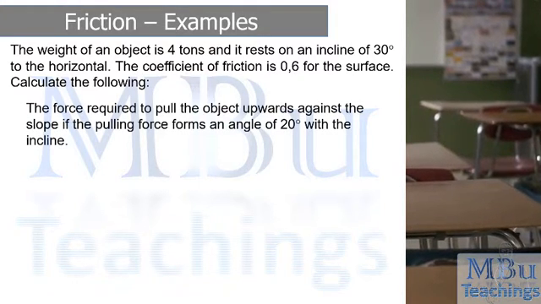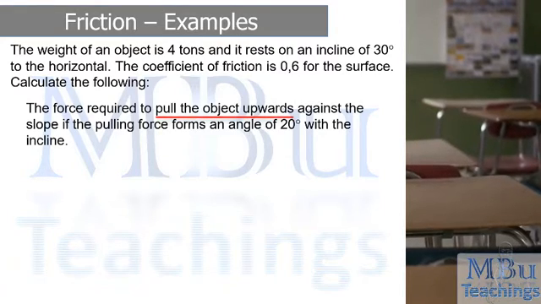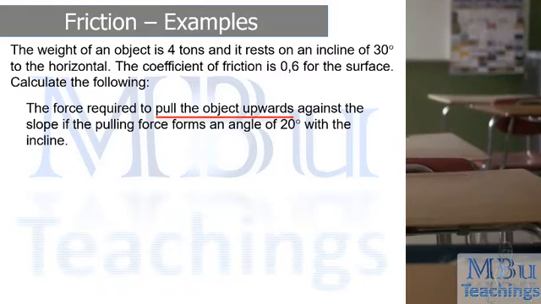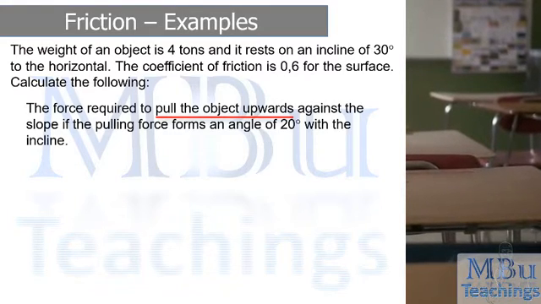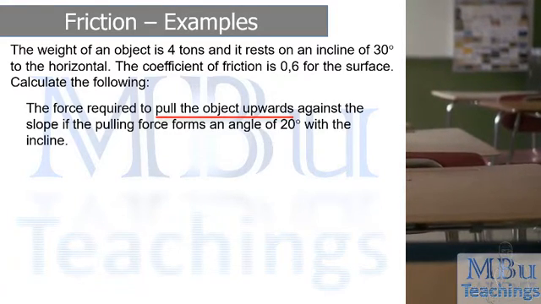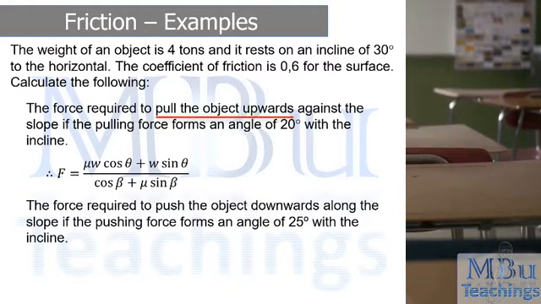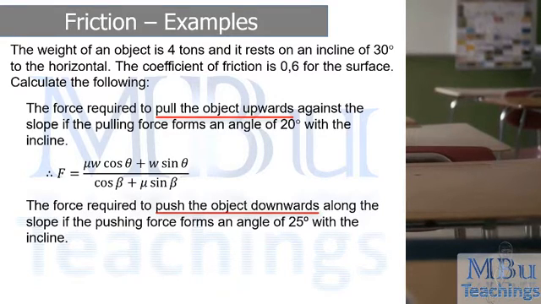You are asked to calculate the force required to pull the object upwards against the slope if the pulling force forms an angle of 20 degrees with the incline. And also calculate the force required to push the object downwards along the slope if the pushing force forms an angle of 25 degrees with the incline. That's what we should do.